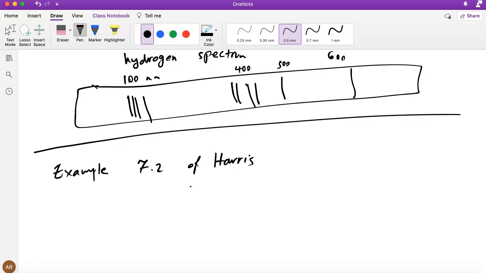Okay, so you have a very cold hydrogen gas. You can be confident that pretty much all the atoms are in their ground state, n equal 1, energy minus 13.6 electron volts.